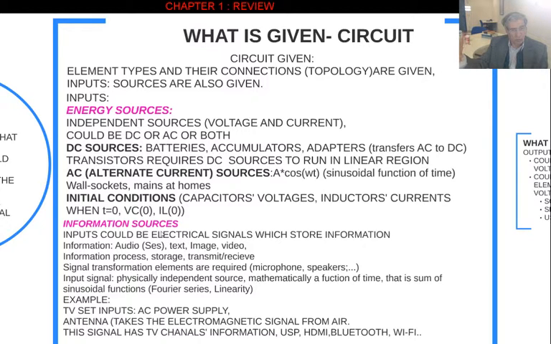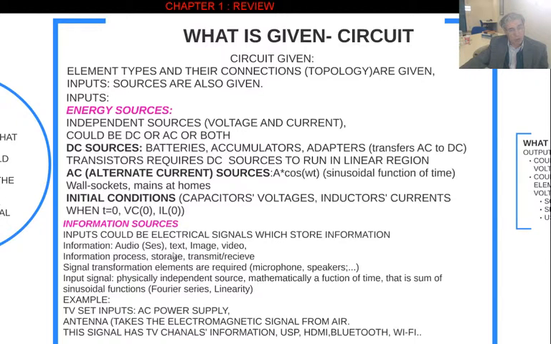Text is also information. Image stores information. Video stores information in it. This information is processed or stored or transmitted or received. This is what is happening in practice.